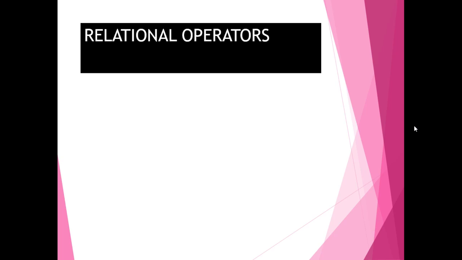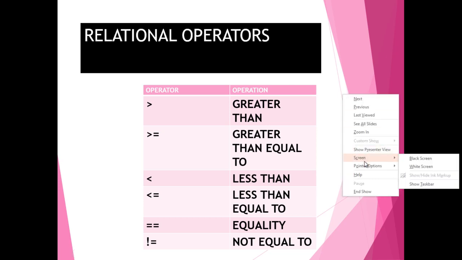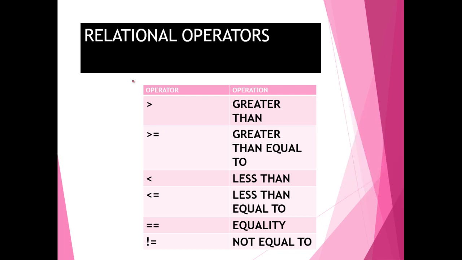Under relational operators we have greater than, equal to, and so on. These are the symbols for them. Remember one thing: under relational operators we have this symbol for representing the greater than relation, this one for greater than or equal to, this one for less than, and this one for less than or equal to.